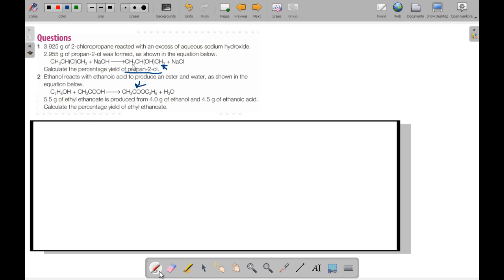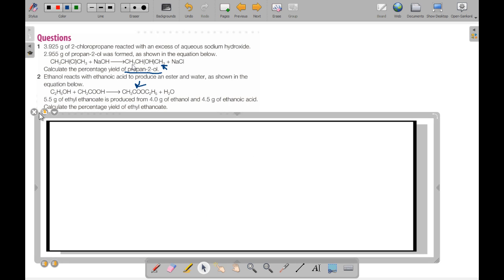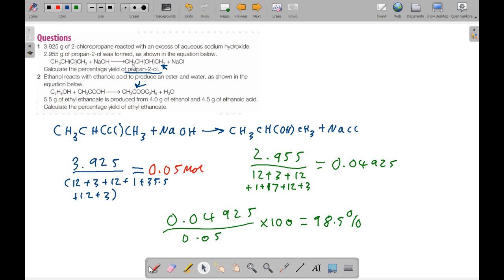Okay, so we'll have a go at this. So for question 1, read out the balanced equation again because it's always nice to. We now know we have a 1-to-1 ratio, always a good start.